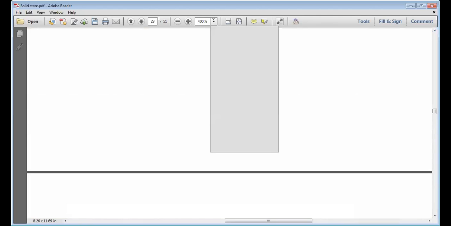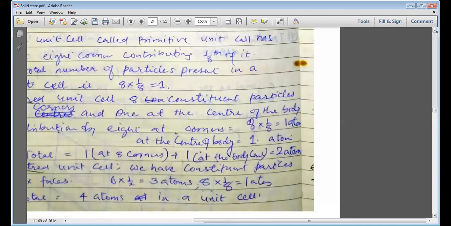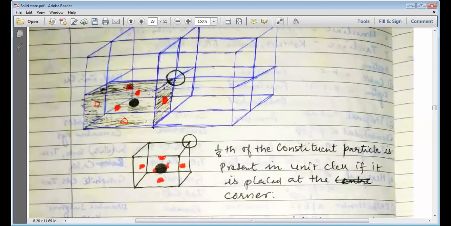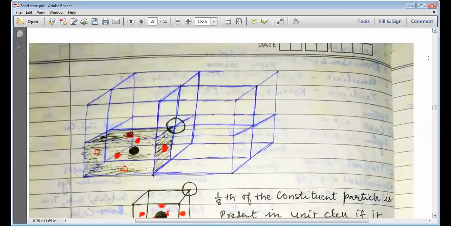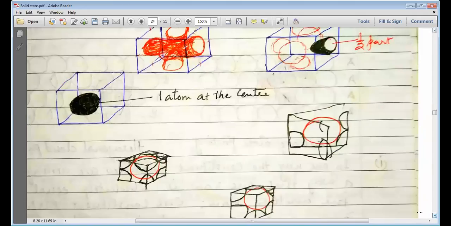Now let us understand one more unit cell, which is known as the body-centered unit cell. Let us first look into it here itself. Let us study about the body-centered unit cell here.